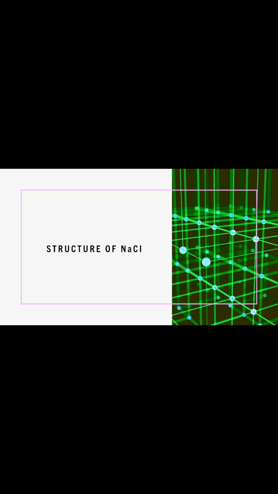Structure of sodium chloride. The structure of sodium chloride is based on a face center cubic FCC lattice, also known as a rock salt structure. Here's a detailed explanation. First, lattice structure. Cubic crystal system.